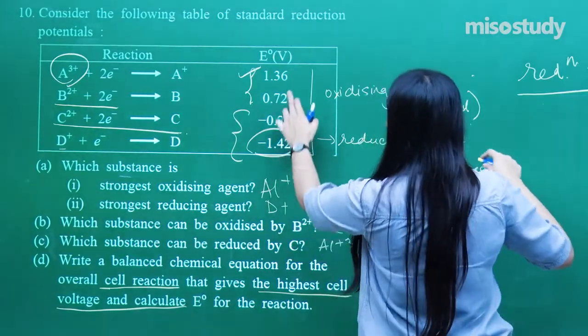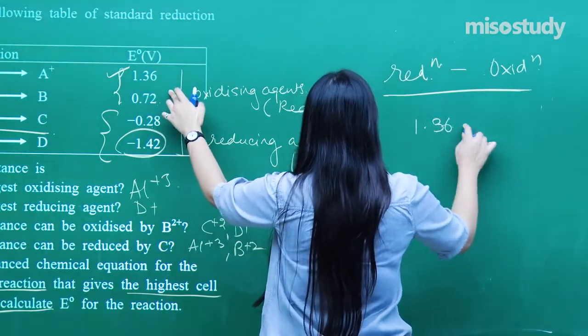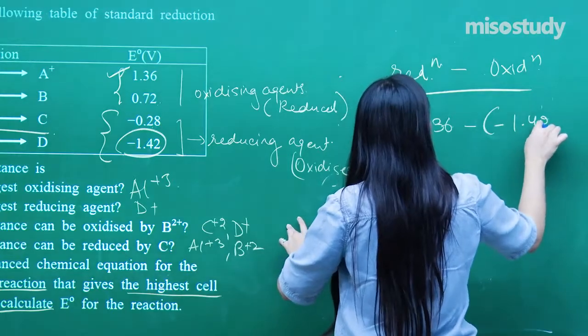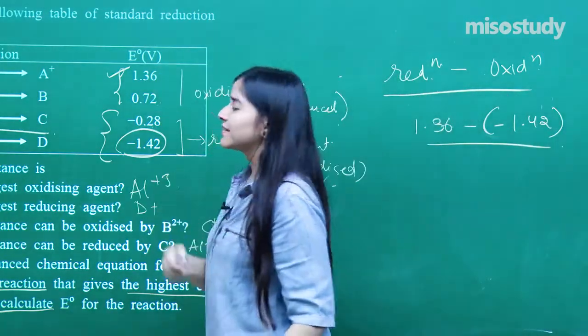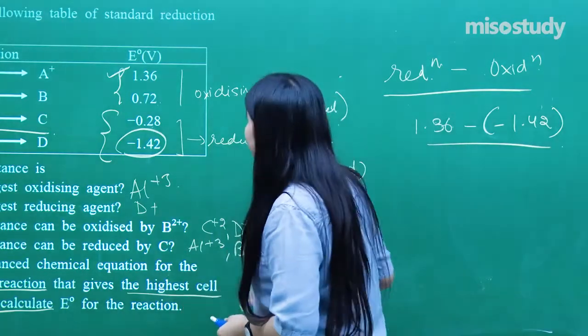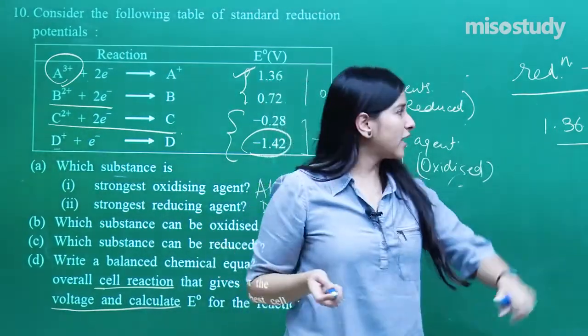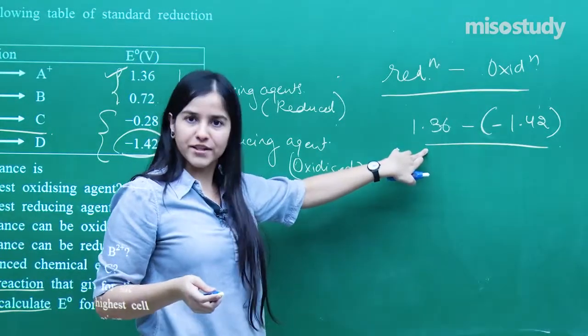So see, if I add up this and minus of 1.42, these two values, I'll be getting the highest of all, right? That means this is the reduction process which is happening, so we can have this reduction process over here. We can take up this value very well.